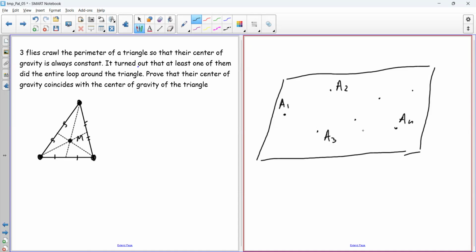With these points, we will consider masses, like the values M1, M2, M3, and so on, M sub n are introduced. Each would be just a real number.